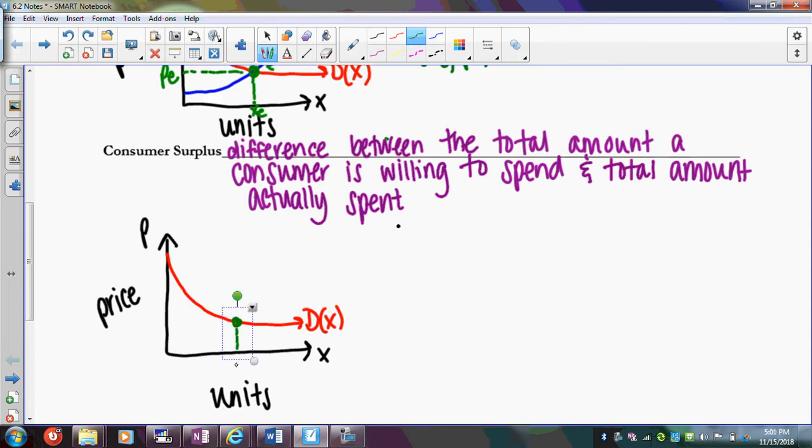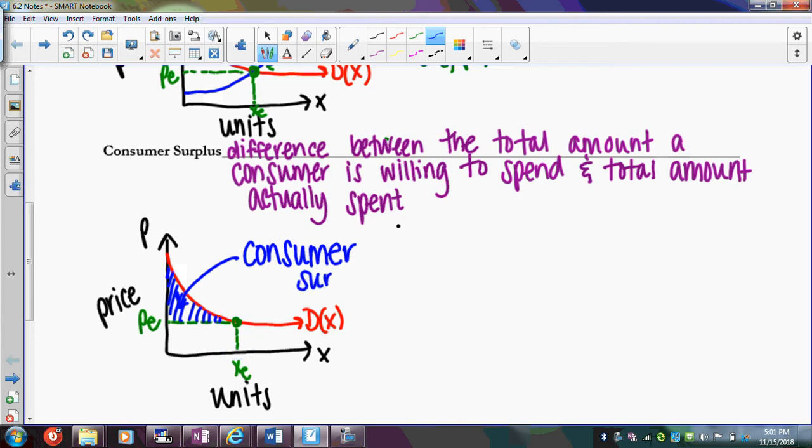So I'll say that this is x sub e and p sub e. So it's the price and the number of units for the supply and the demand to be equal. The consumer surplus is this area that's bounded between the demand function and the price at the equilibrium point. So this region represents that extra money that the consumers were willing to spend but didn't have to spend. So the consumer surplus is this region.